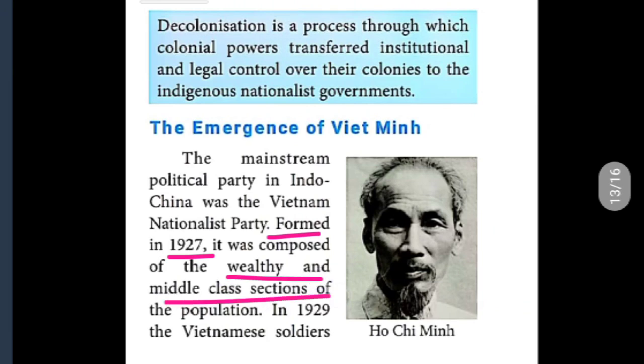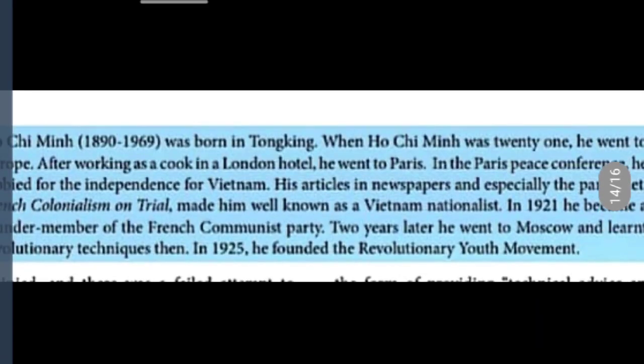In the year 1929, the Vietnamese soldiers mutinied. You can check it in your book, children. Mutinied means they started to rebel against them.